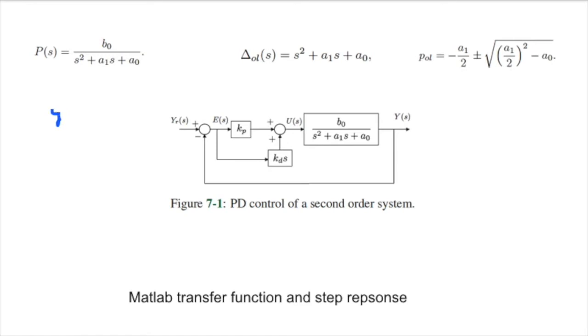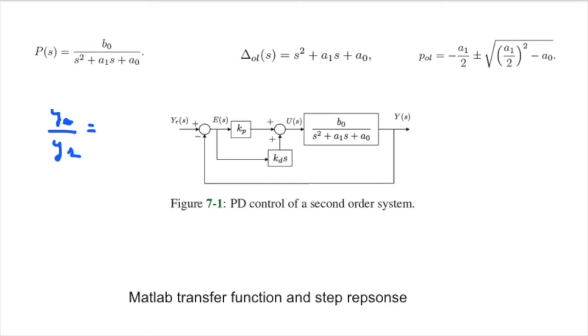What is the ideal situation you want from the transfer function Y over YR, our closed loop transfer function? What should the final value or DC gain look like? One. If the final value or DC gain of the closed loop transfer function is one, that means at steady state Y will be equal to YR. If that is not the case, then there is steady state error.